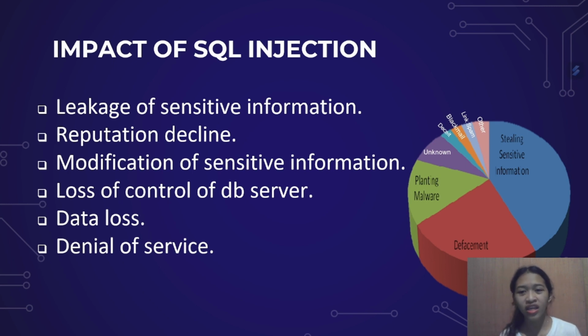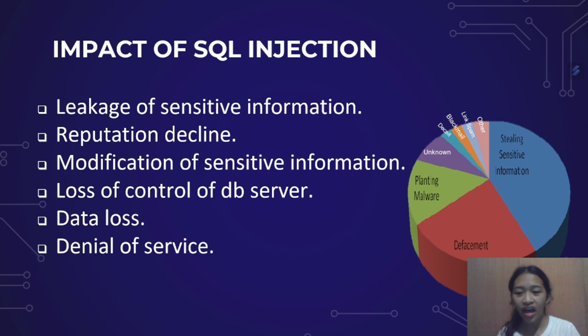In addition to extracting data, a SQL injection attack can also modify or delete data in the database. This can result in incorrect or incomplete information being presented to users and can have serious consequences for business operations.